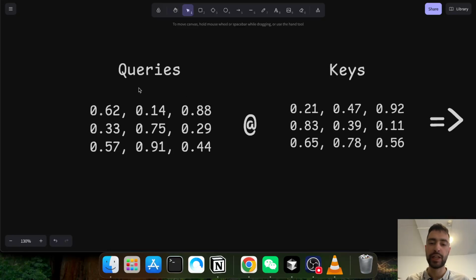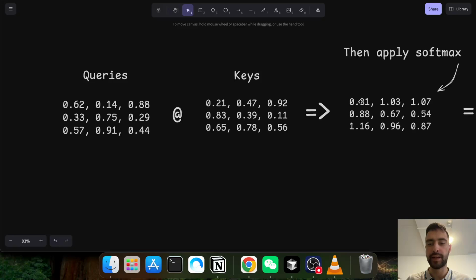The way it will do that is it will take the first number in the row times the first number in the column, second number in the row times second number in the column, and third number in the row times third number in the column, and then add up all of those three products. So you get a single number in the end.